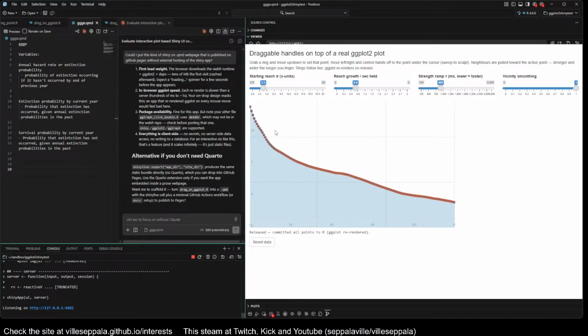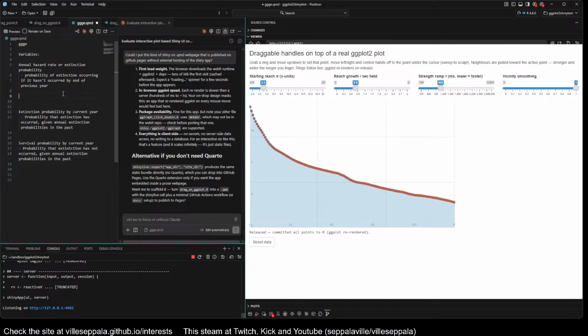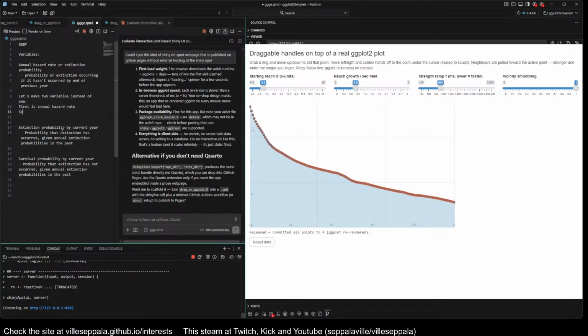Okay. So what we want to do is try to, maybe we start with two variables now, and we also want to find out if it is even possible. I think we can start maybe with survival rate.